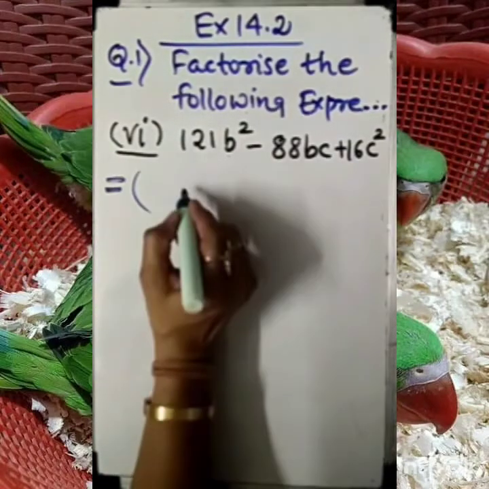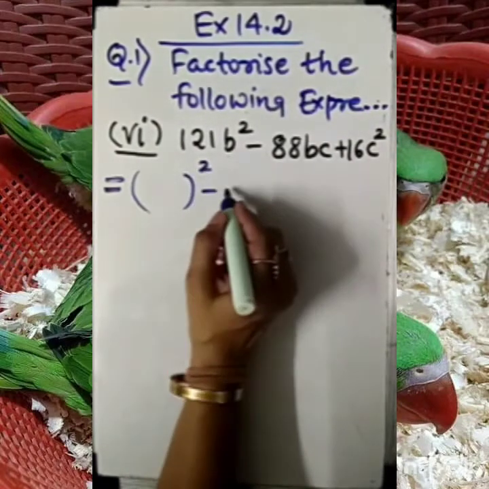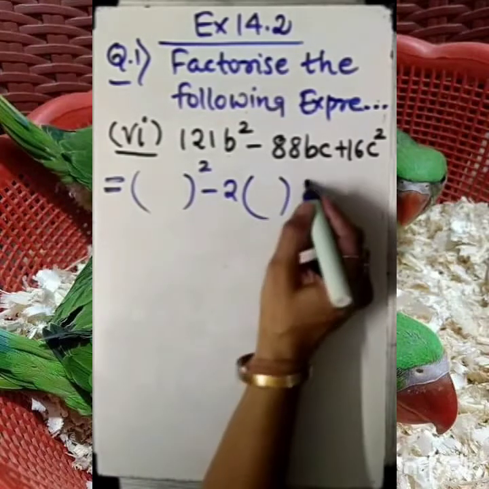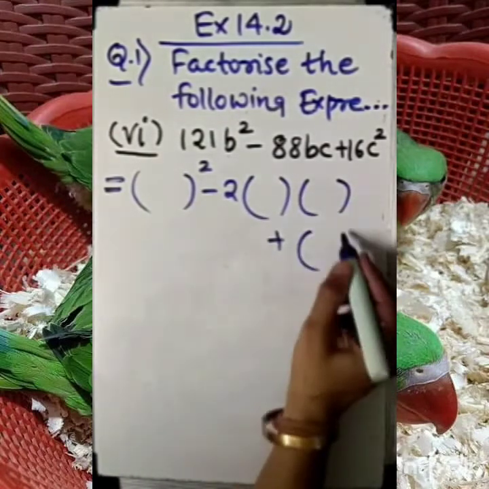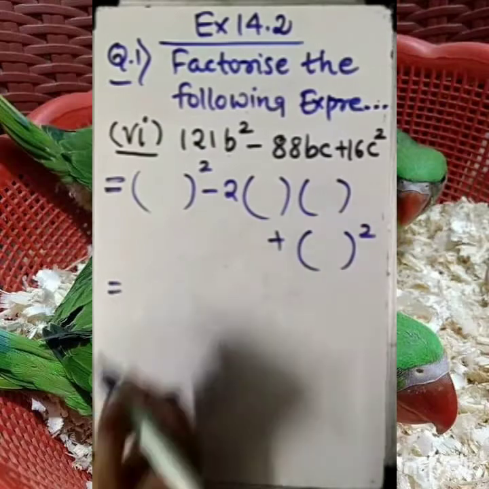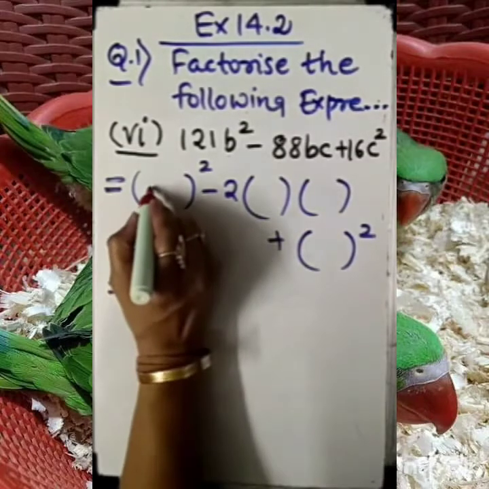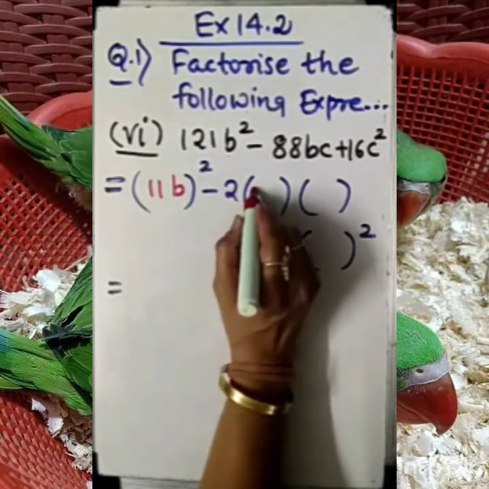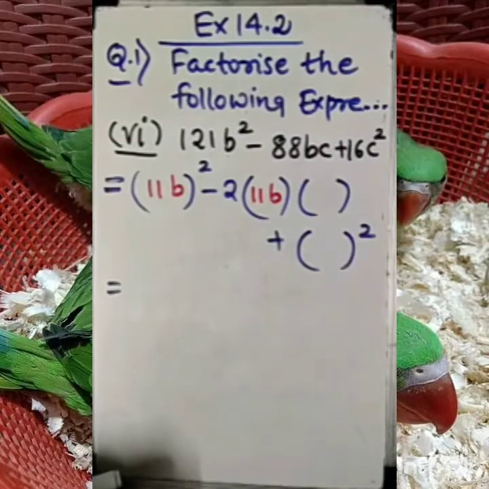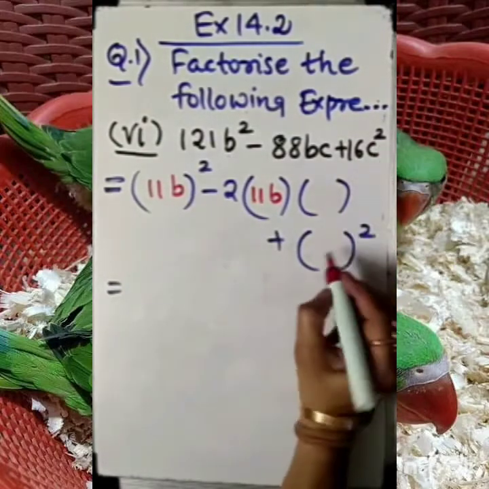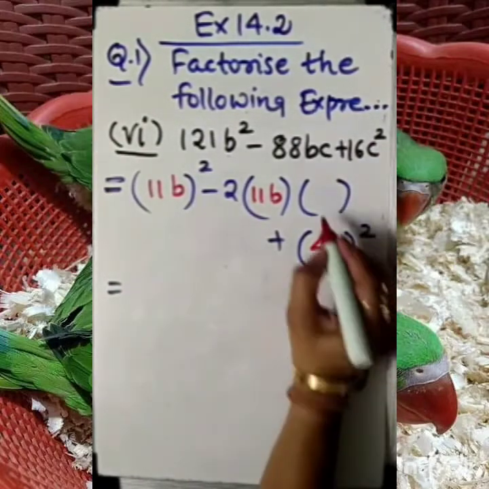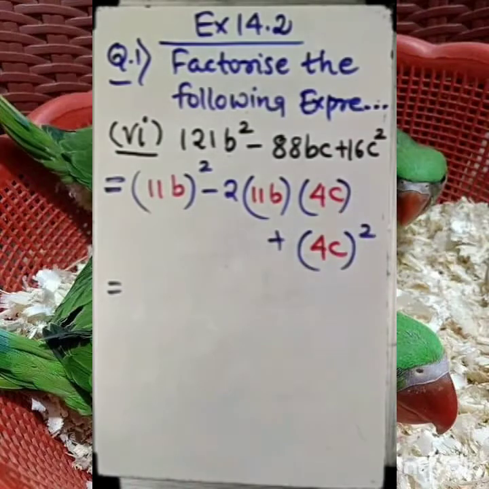The second identity says a square minus 2ab plus b square. Right. Now, what is a? As we know that 121b square, I need to mention it is 11b, the first term. What about 16c square? It is a perfect square of 4c. So it is b. That is the value of b.